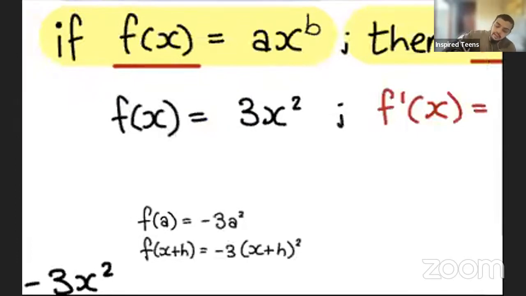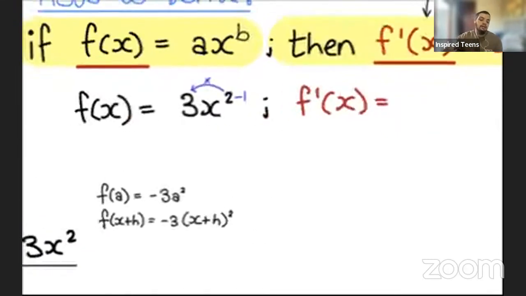What we always do is we take this exponent of our variable, we multiply it by the coefficient, so 2 times 3, and then we subtract 1 from the exponent. So we take the current exponent, we multiply it by the current coefficient, and we subtract 1 from the exponent.